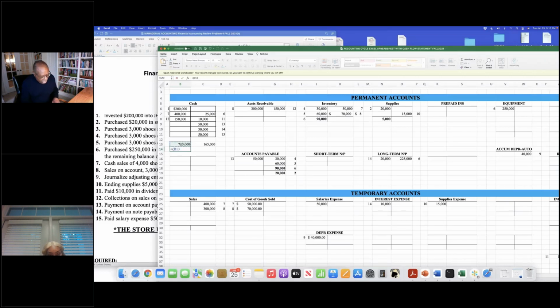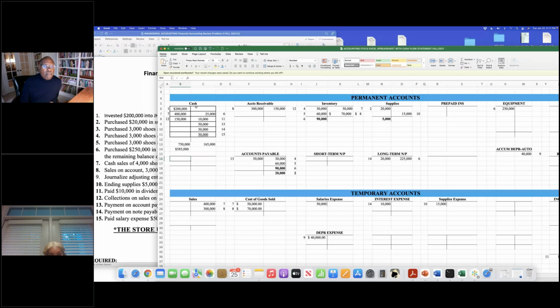We close our parentheses and it tells us the balance is 585. How do you like that, Ms. Williams? It's looking great. So it's telling us that we have 585,000 in cash.